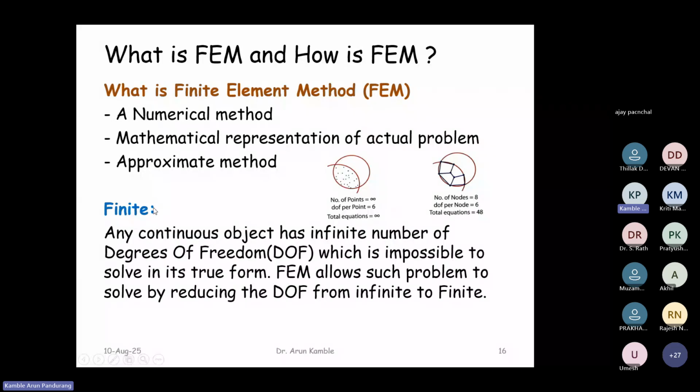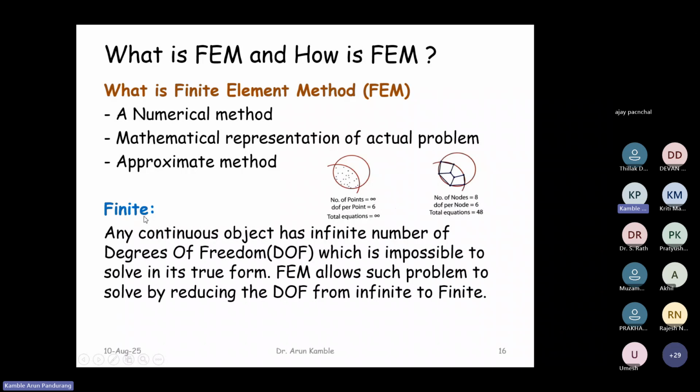So the meaning of the word finite is that any continuous object has an infinite number of degrees of freedom, which is impossible to solve in its true form. Therefore, the finite element method allows such a problem to be solved by reducing the degrees of freedom from infinite to finite. Clear? So this is the meaning of the word finite.